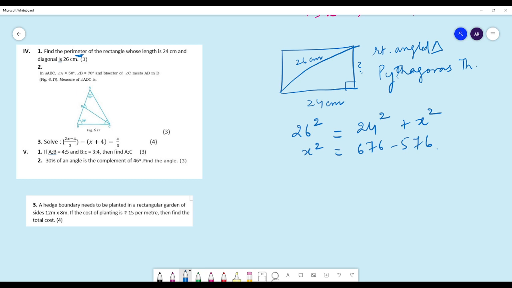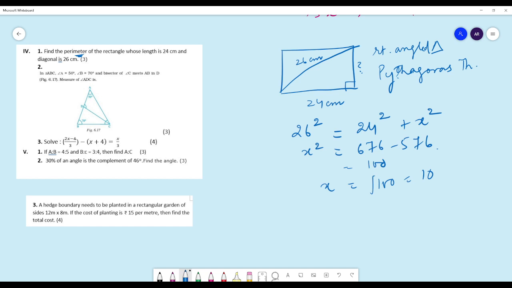You move it to this side and this will be 100. So x equals to root 100, that means 10.